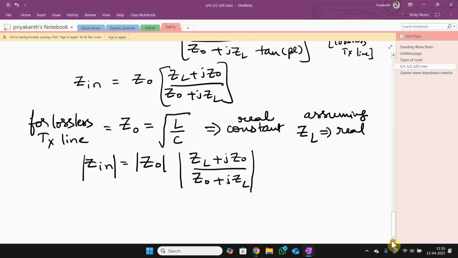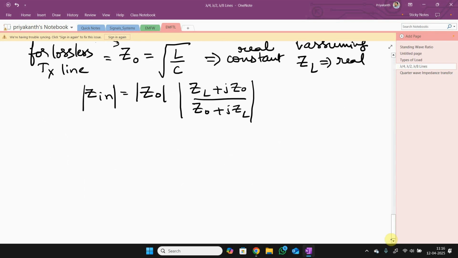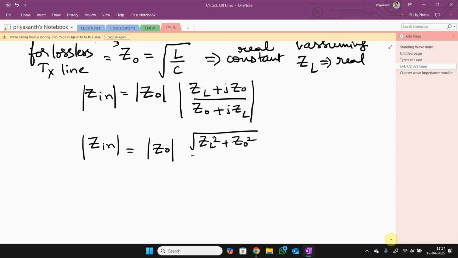Anyone? For lossless transmission line, Z0 is already a real function. Just I am assuming that ZL is also real. What happens to mod ZL? Z0 is a real function, so no need to write mod. Okay. Tell me, root over real part square plus imaginary part square by root over.